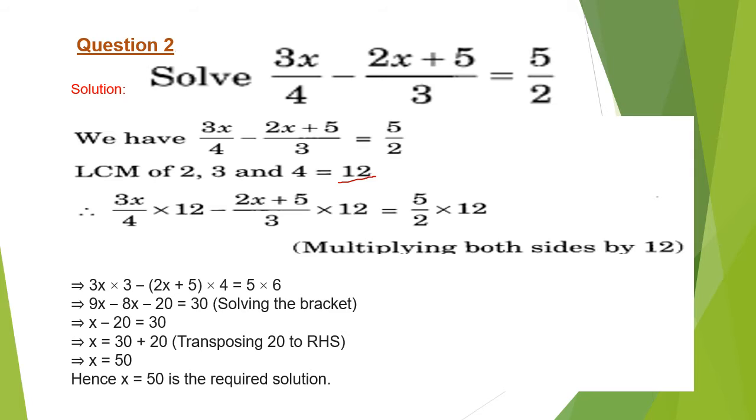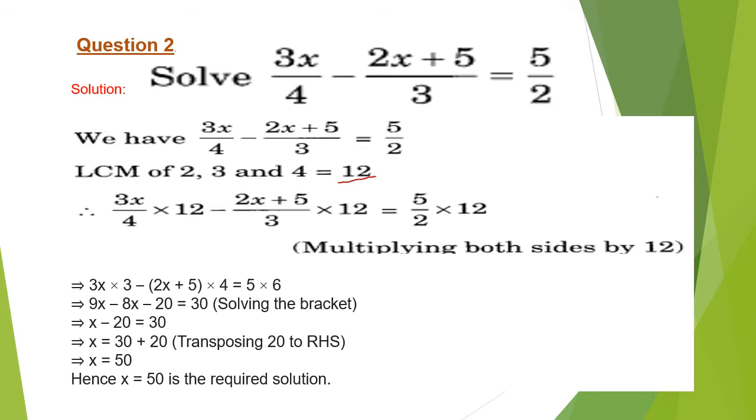Children, first let us take the equation. We have the equation as 3x by 4 minus (2x plus 5) by 3 equals 5 by 2. The LCM for 2, 3 and 4 is 12. So after finding the LCM, we want to multiply each term of the equation with this LCM.